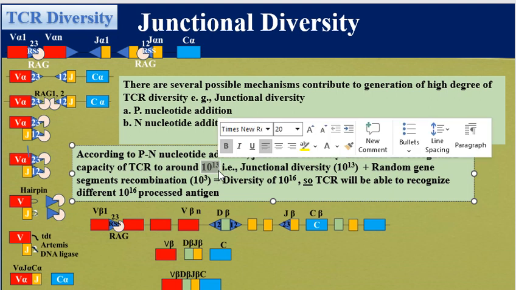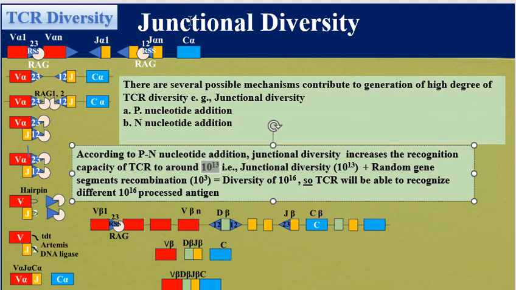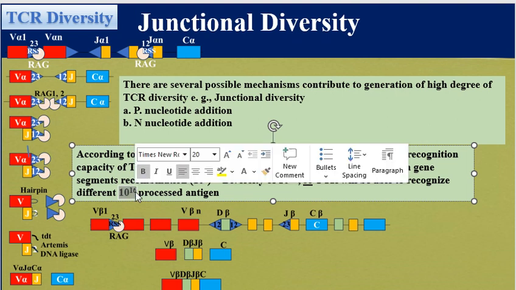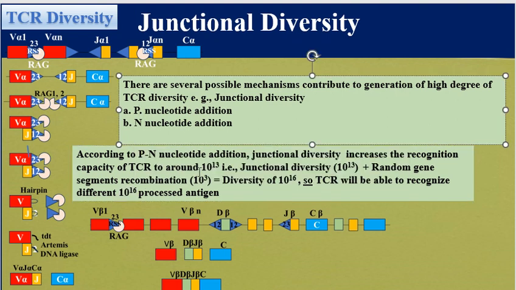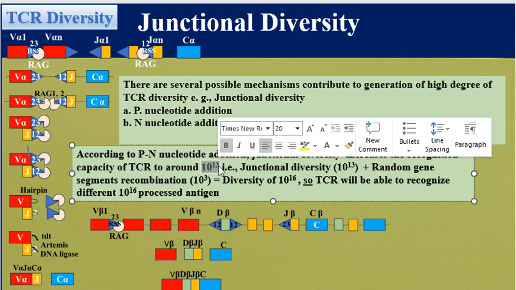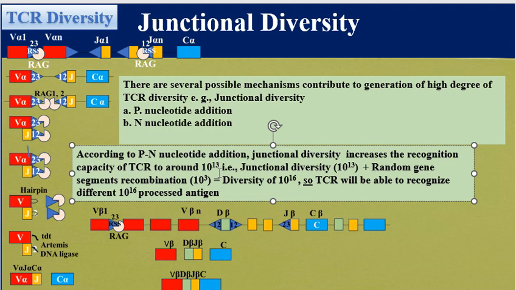Because the aim of this junctional diversity is to increase the TCR diversity up to 10 to the power 16. So junctional diversity alone will increase the diversity to around 10 to the power 13. That means TCRs can see up to 10 to the power 13 different pathogens or processed antigens.